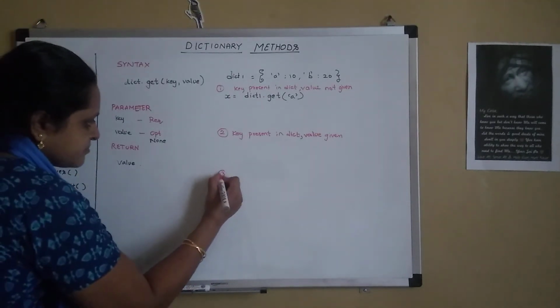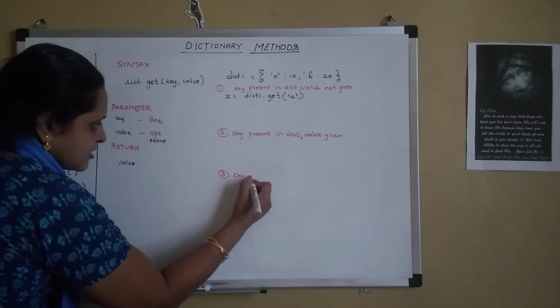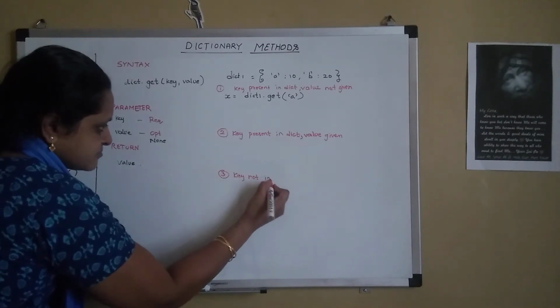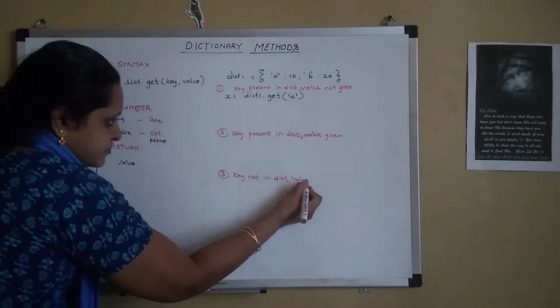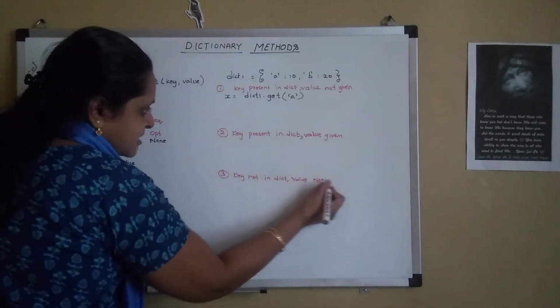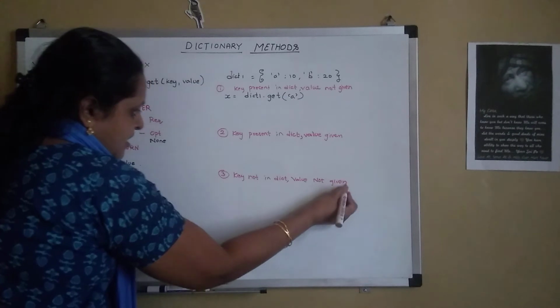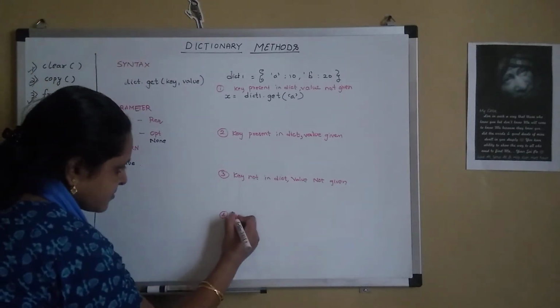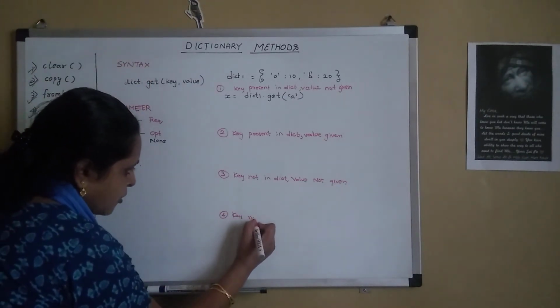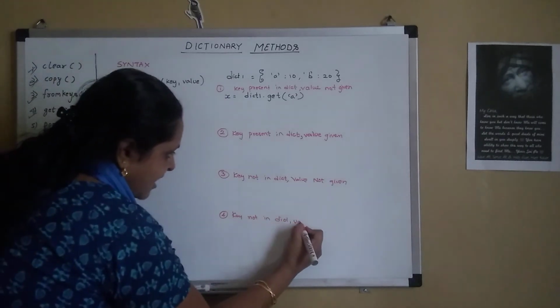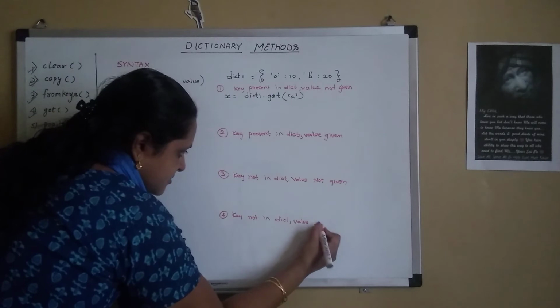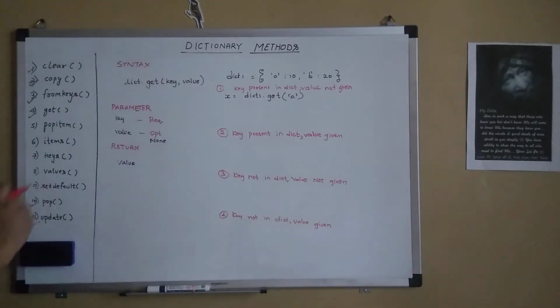Thirdly, key not in dictionary, value not given. And fourthly, key not in dictionary, value given. So there are four scenarios in this particular case.